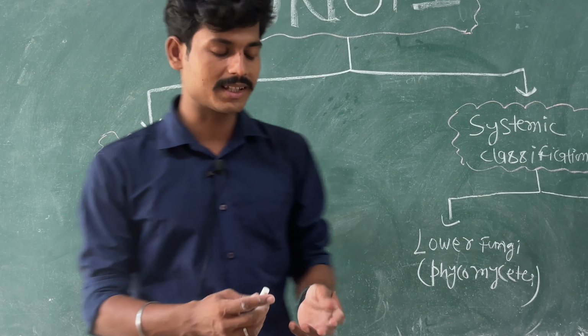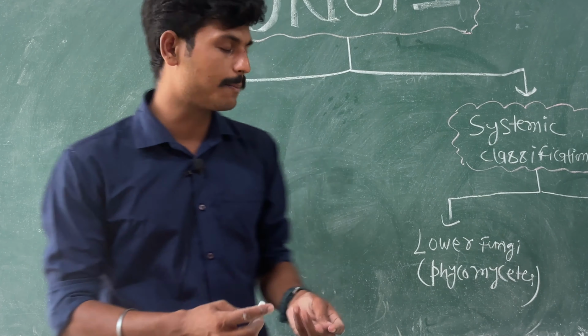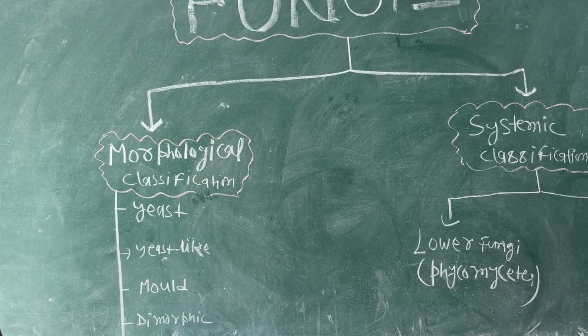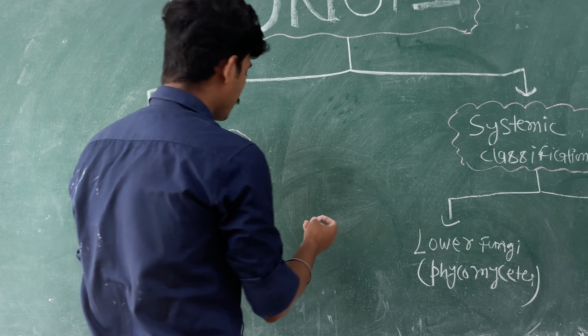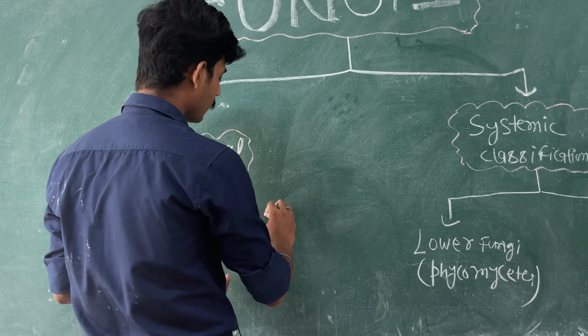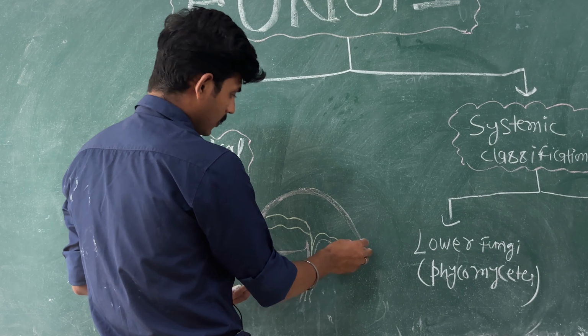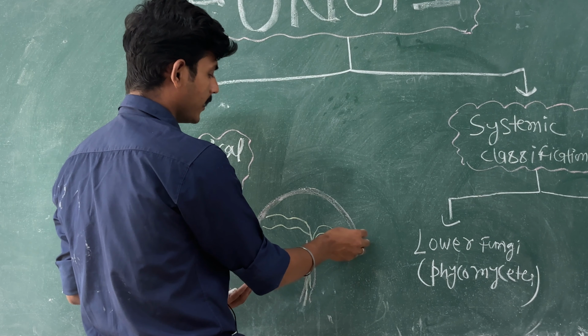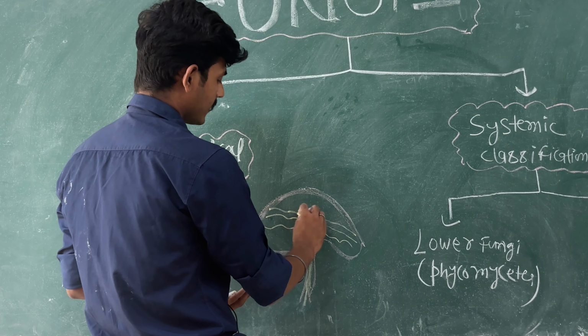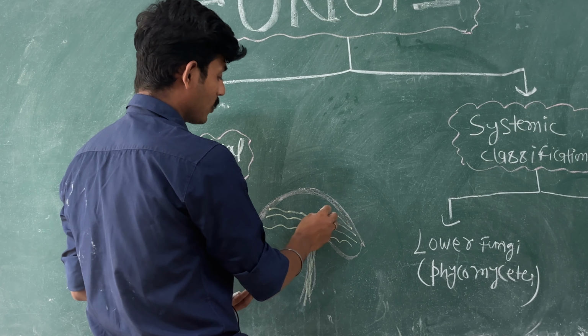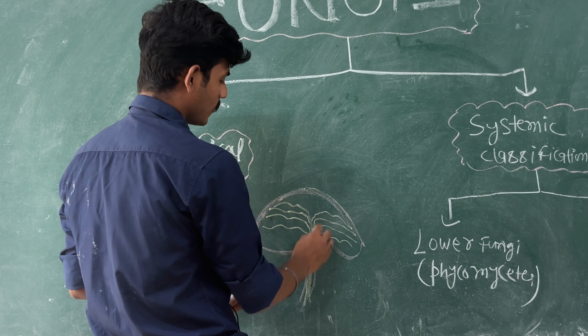I will give you the simple structure of the fungi, how fungi look, but there are different ways, different shapes of the fungi. So this is the fungus body. Yeah, it looks like a mushroom.